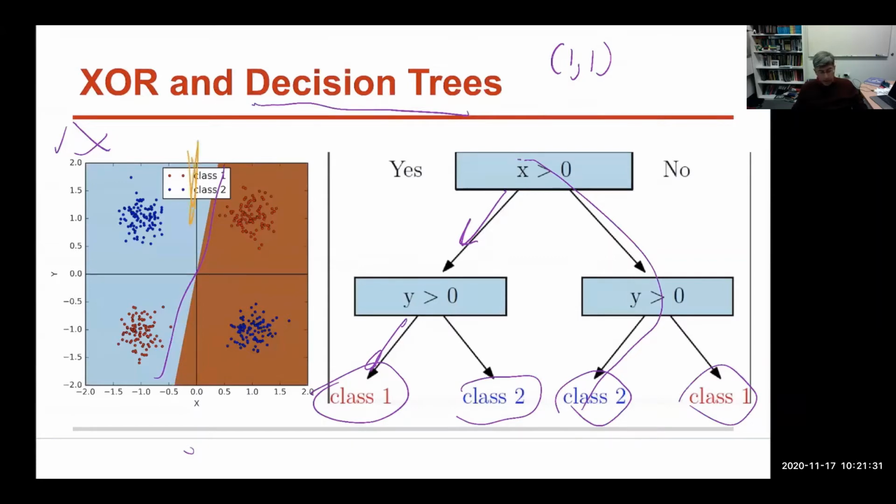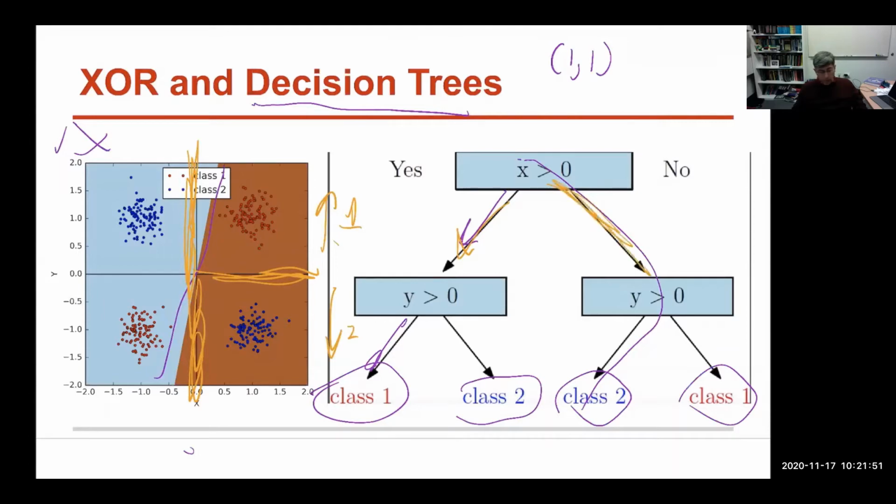If we test whether x is greater than 0, the answer is we're down here. Testing now whether y is greater than 0, on this side everything is going to be in class 1. On this side, everything is in class 2.